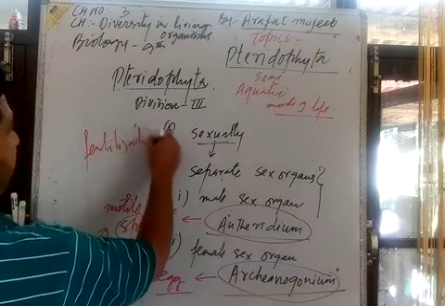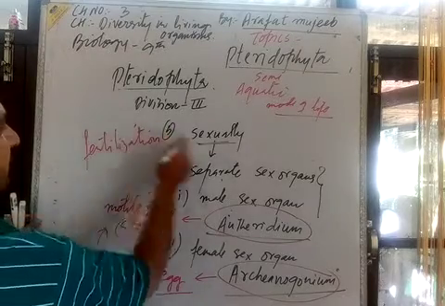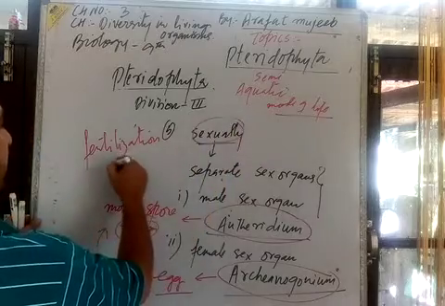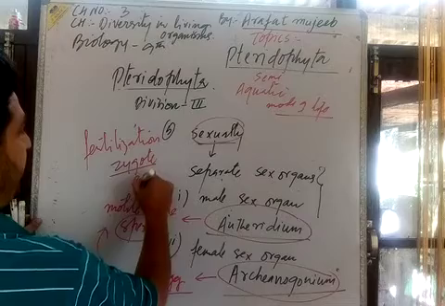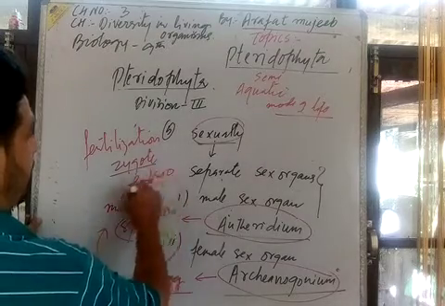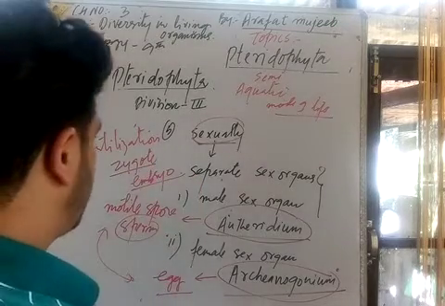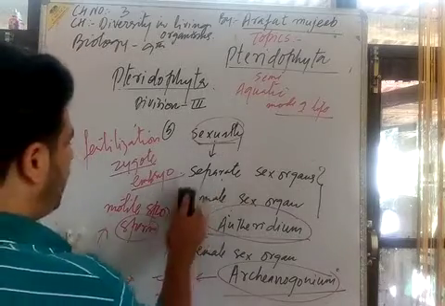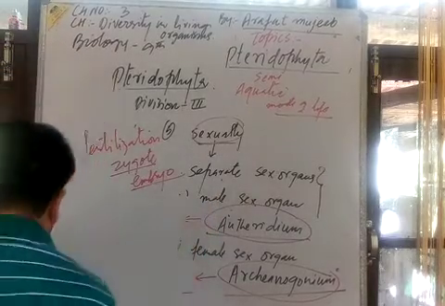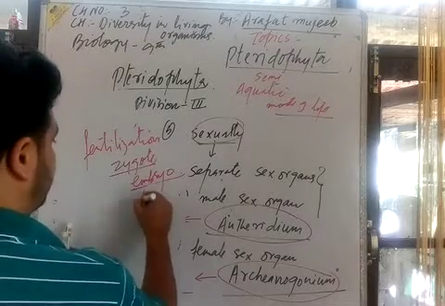When there is a fertilization, in a sexual mode of life, there is a zygote formation, then a formation of embryo, then the embryo develops into a spore.